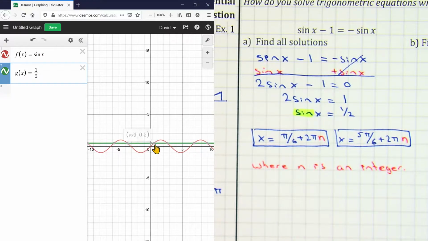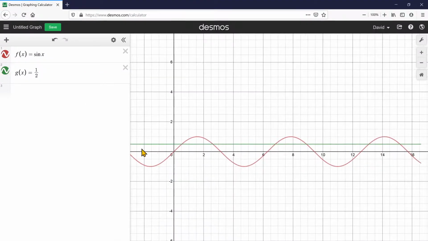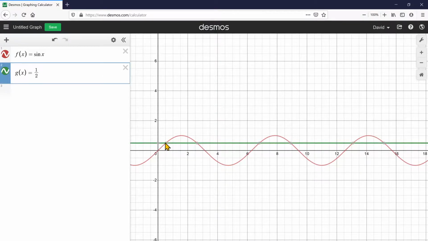So my solutions are pi over 6, 5 pi over 6, but this pi over 6 repeats again over here. And then this 5 pi over 6 will repeat on the next period, and so on, correct? So this solution repeats over here, and then on the next period it repeats once again.